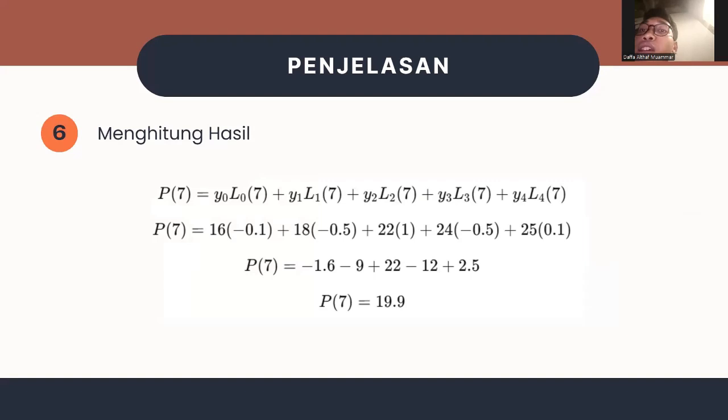Okay, for the last step, P7 equals, we use the Lagrange interpolation formula. So y0 L0(7) plus y1 L1(7) plus y2 L2(7) plus y3 L3(7) plus y4 L4(7).